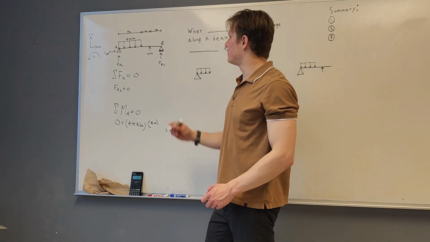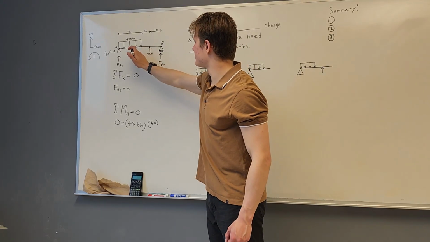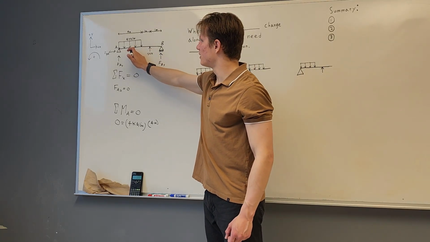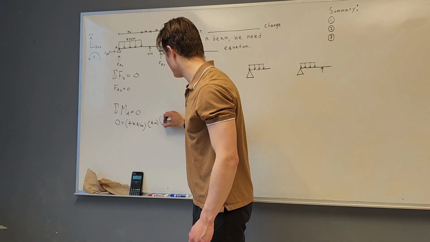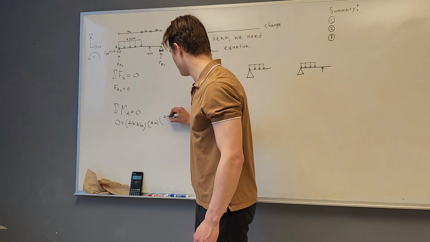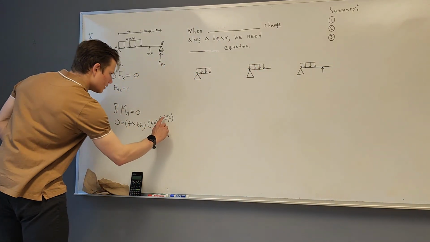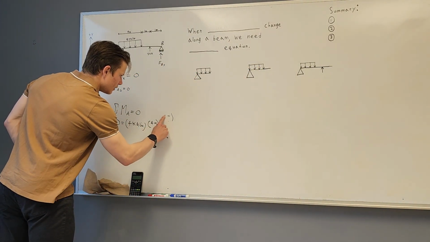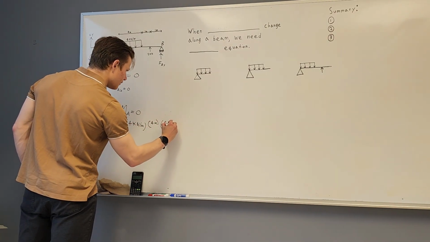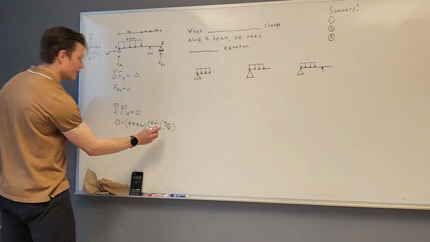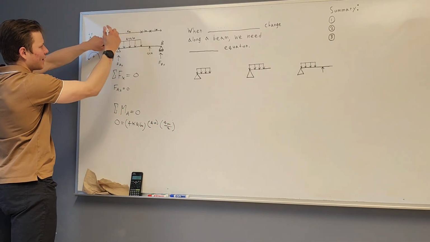And we know that the equivalent point load of a UDL acts directly in the center of it, which is at a distance of 4 meters divided by 2 from point A, because we cut the 4 meters in half, and that's our moment arm.